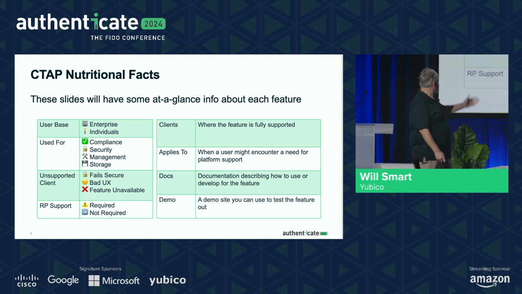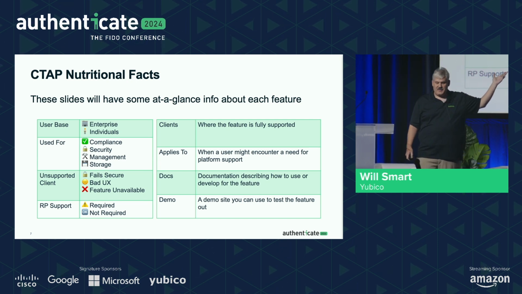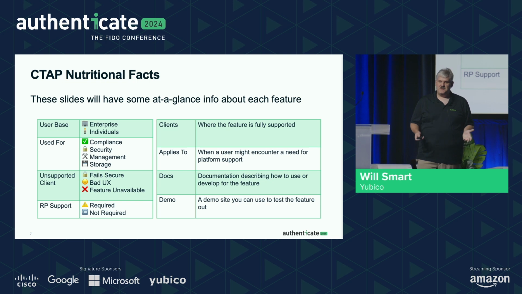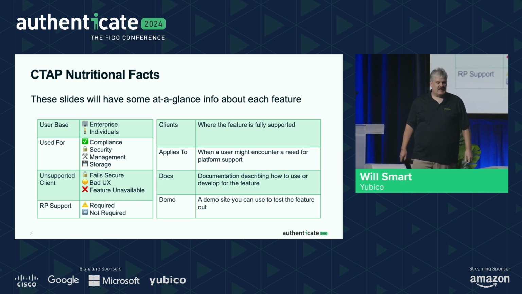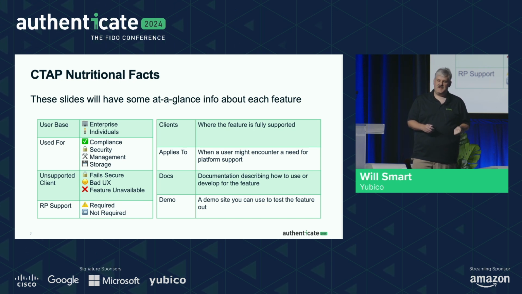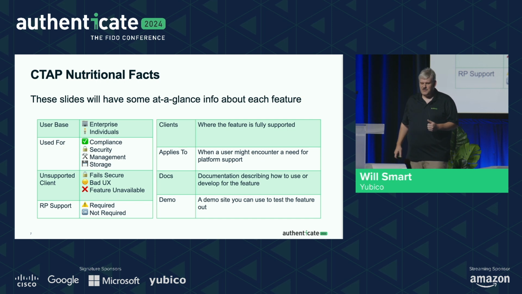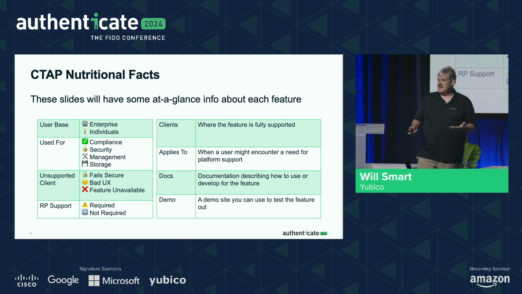So this is the format that I'll be using a little bit. I'm going to try and compare these features in a nutrition facts sort of way. So it'll help you to understand at a glance who the feature is for, what the feature is intended to do, what happens when you try and use this feature and the support isn't there, and then whether or not the relying party even needs to support it at all.